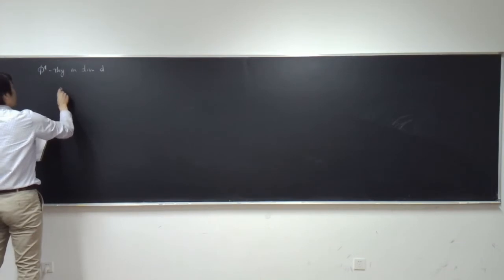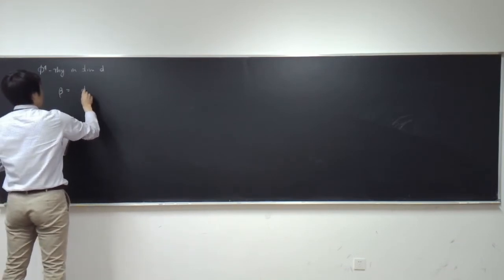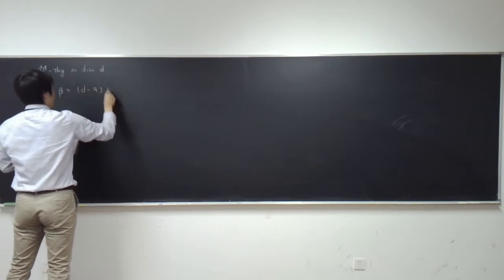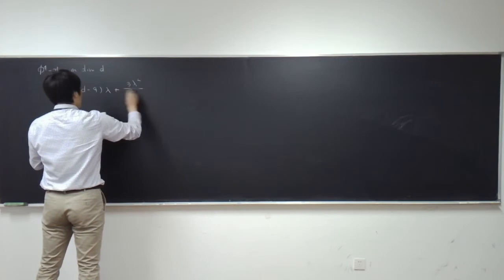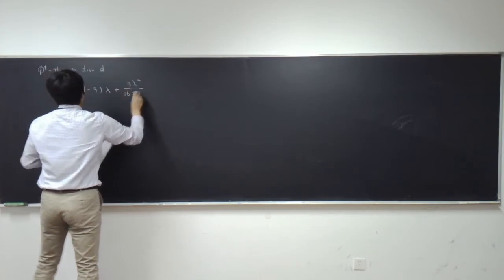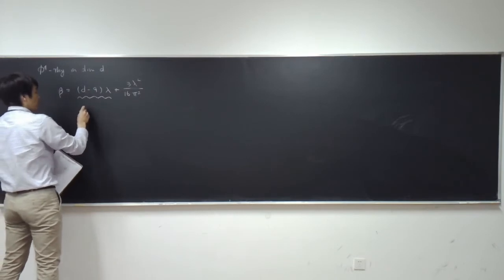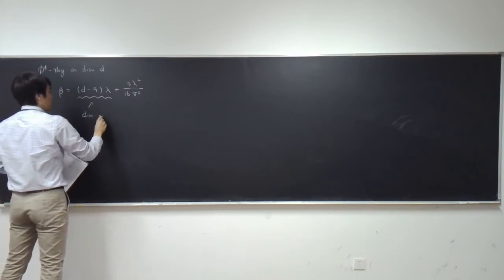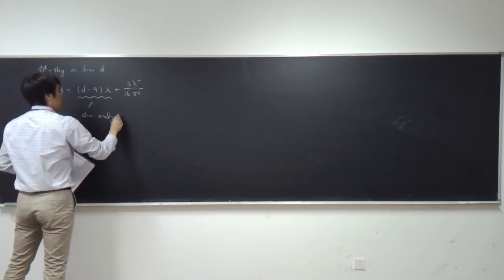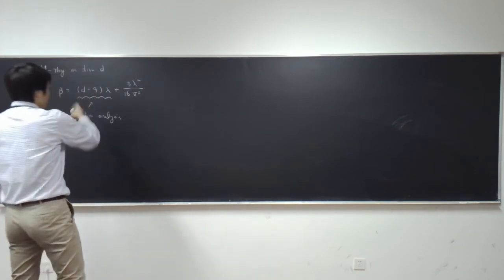The beta function can be written as d minus 4 times lambda plus 3 lambda squared over 16 pi squared. I just told you this comes from dimensional analysis, but one student asked me how to get it.